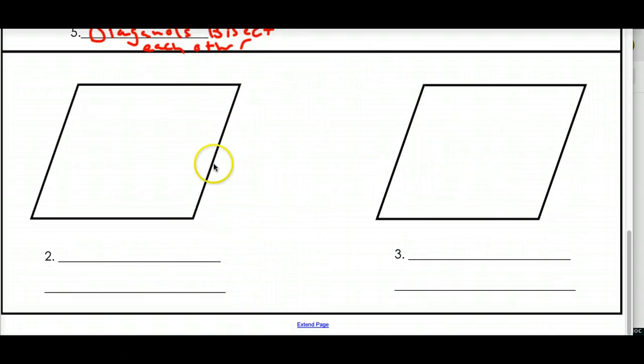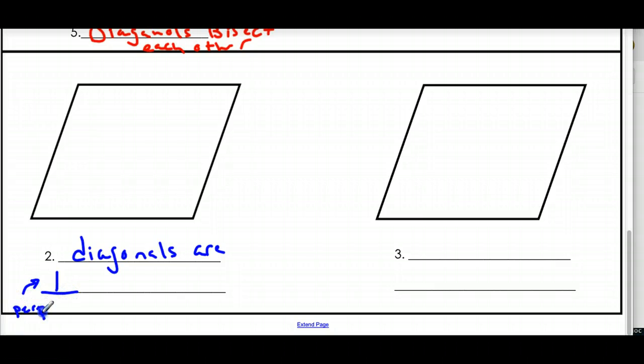2. The diagonals are perpendicular, and that's the sign for perpendicular, to each other. What's that mean? Well, let's draw it out.